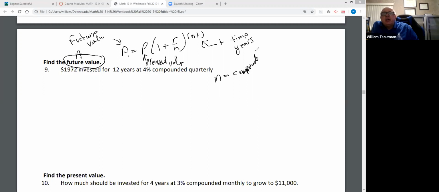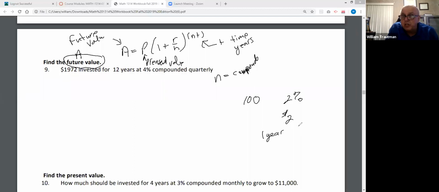If you put $100 in the bank and it gives you 2% interest, at the end of the year it calculates how much interest you have. 100 times 2% is $2. So at the end of 1 year, you have $102 in the bank.